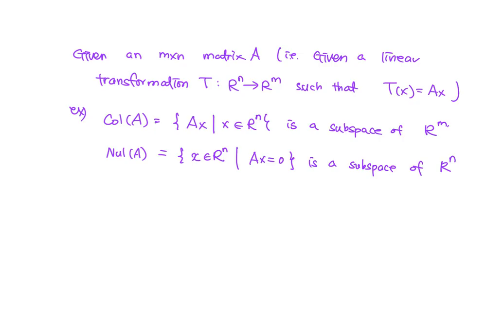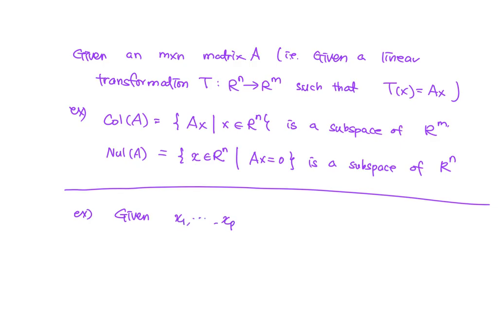So there was one example at the end of section 1 in chapter 4 saying, if you consider some vectors, say x1 up to xp in a certain vector space, and you generate the space using those vectors, so if you consider the set of all the linear combinations of x1 up to xp, then this set will be a vector space.